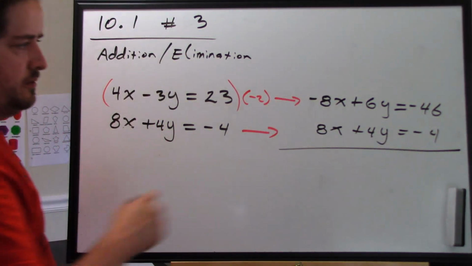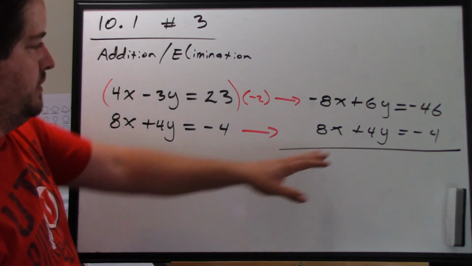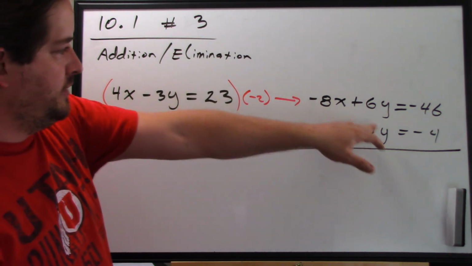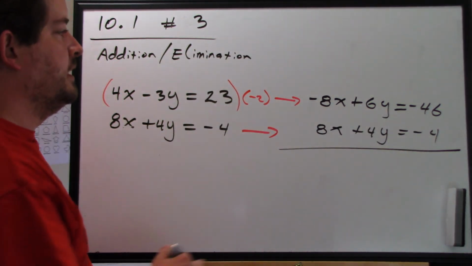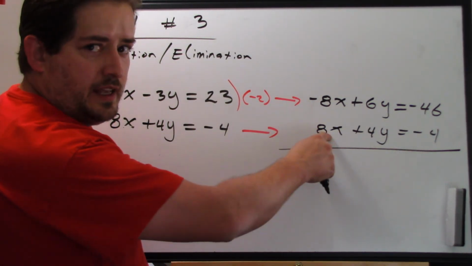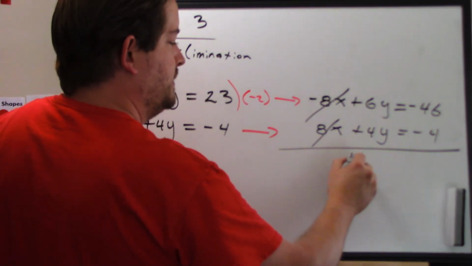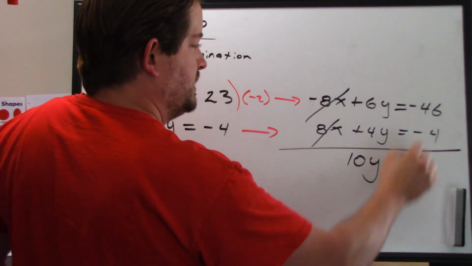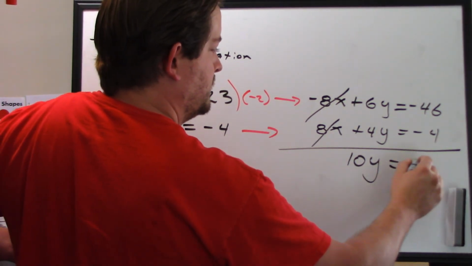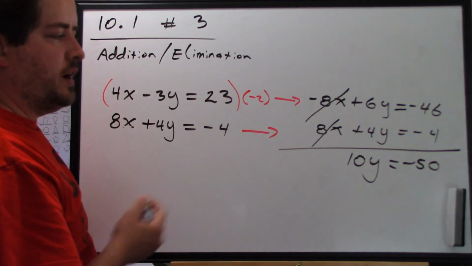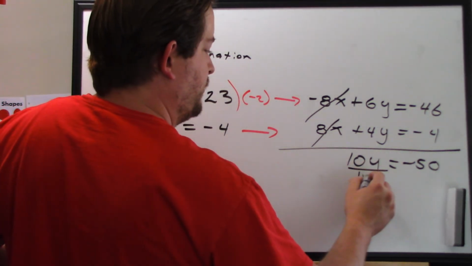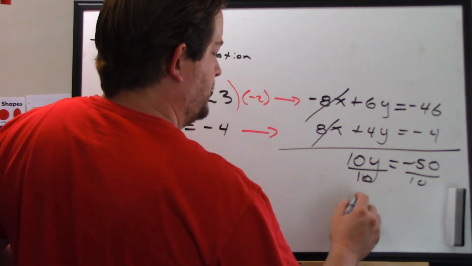And I'm going to combine those. I would just add the left-hand side of this equation to the left-hand side and the right-hand side to that right-hand side. And the negative 8x and the positive 8x will cancel out. Gone. That leaves me with 10y equals negative 50. And just like that, I have y. Divide by 10, and I have y is negative 5.